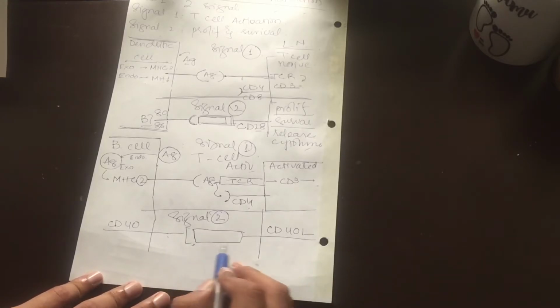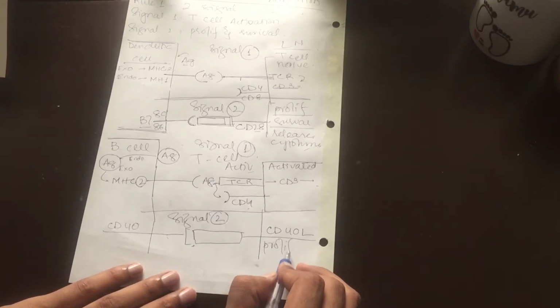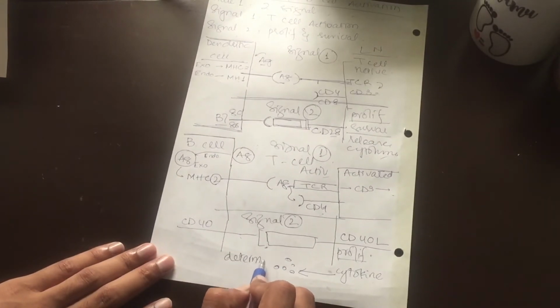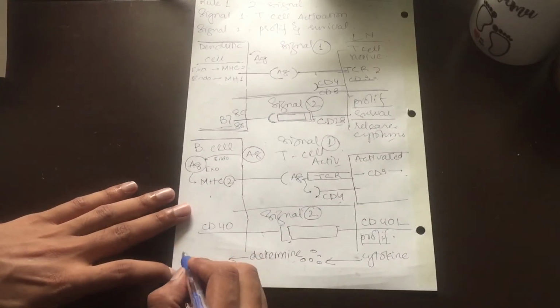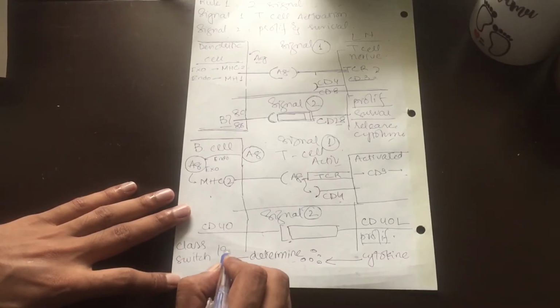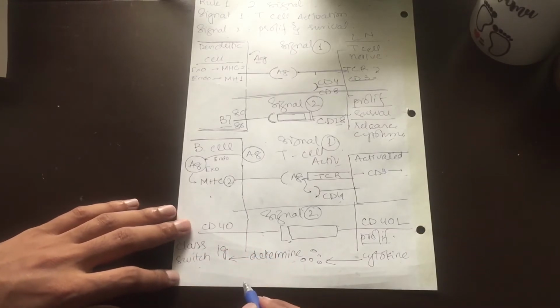It activates, proliferates, survives, and releases cytokines. These cytokines are released from the T cell, and they determine the class switching of immunoglobulin in the activated B cell. They determine which immunoglobulin is class switched and released into the bloodstream.